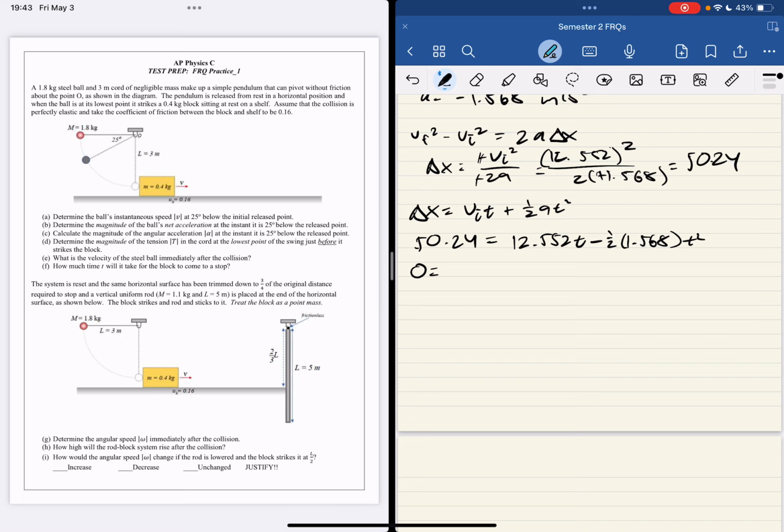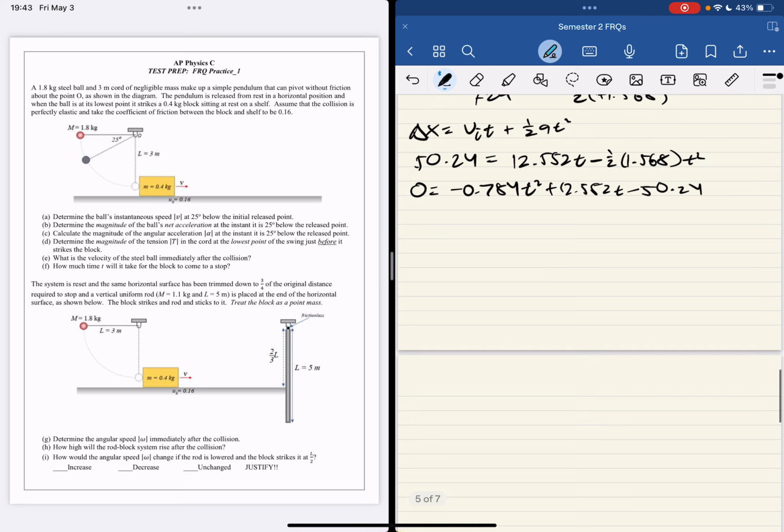We want this to be equal to 0, so we're going to get negative 0.784 t squared plus 12.552t minus 50.24. And we set that equal to 0. So this will equal 0 at t is equal to 8 seconds. Okay, on to part G.